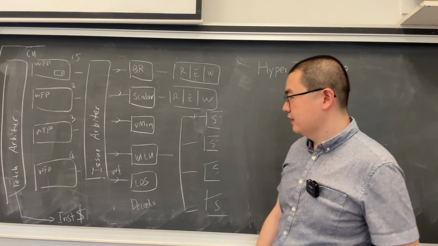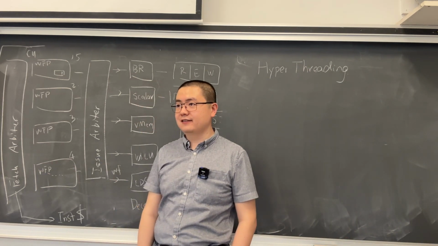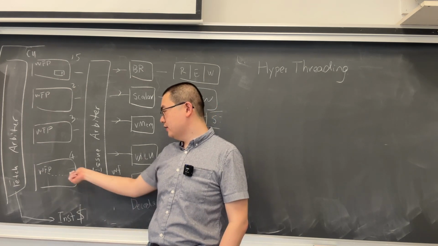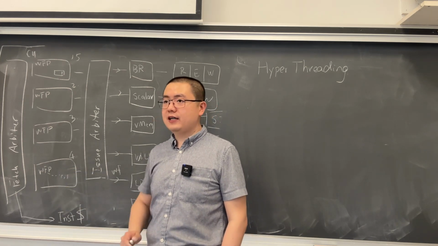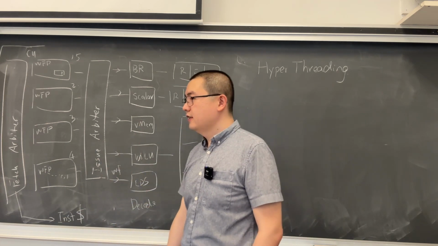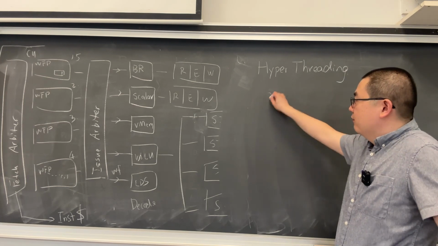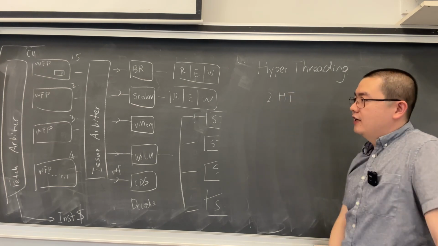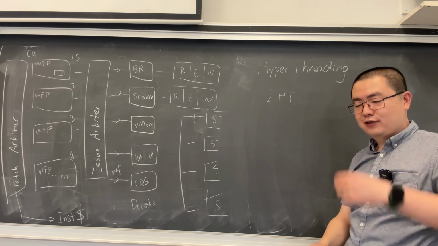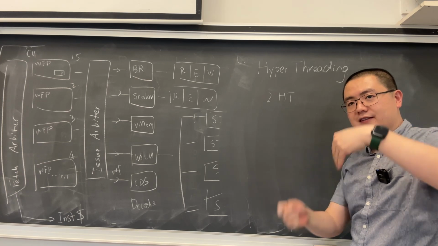You have a lot of threads just sitting there, waiting to be executed, and there's an issuer to detect which thread can issue instructions. In earlier years, with Intel hyper-threading, we had 2 HT. That means there are 2 threads waiting to be executed. If one thread cannot be executed, we execute from another thread.